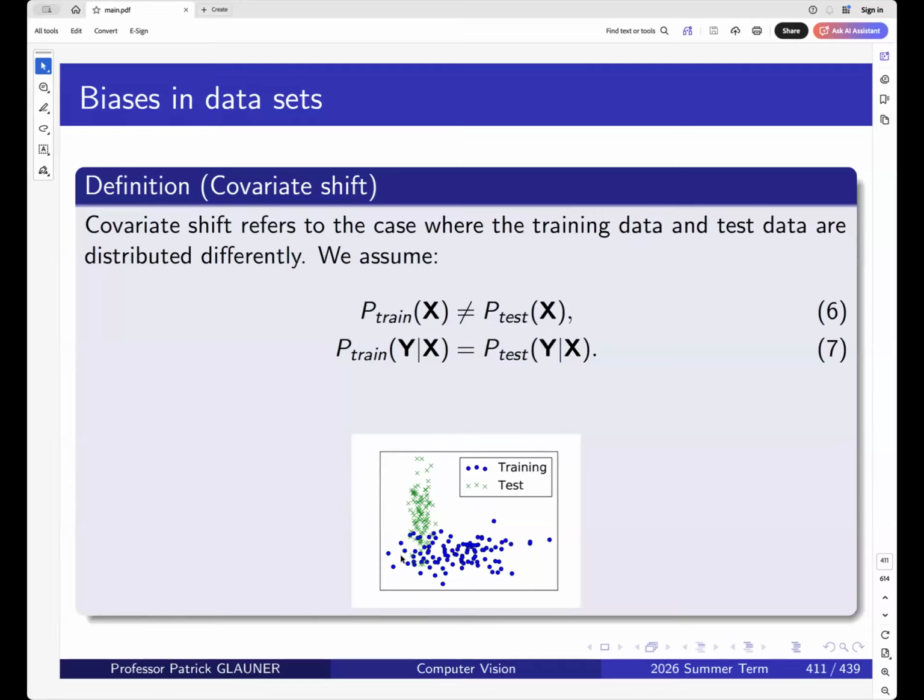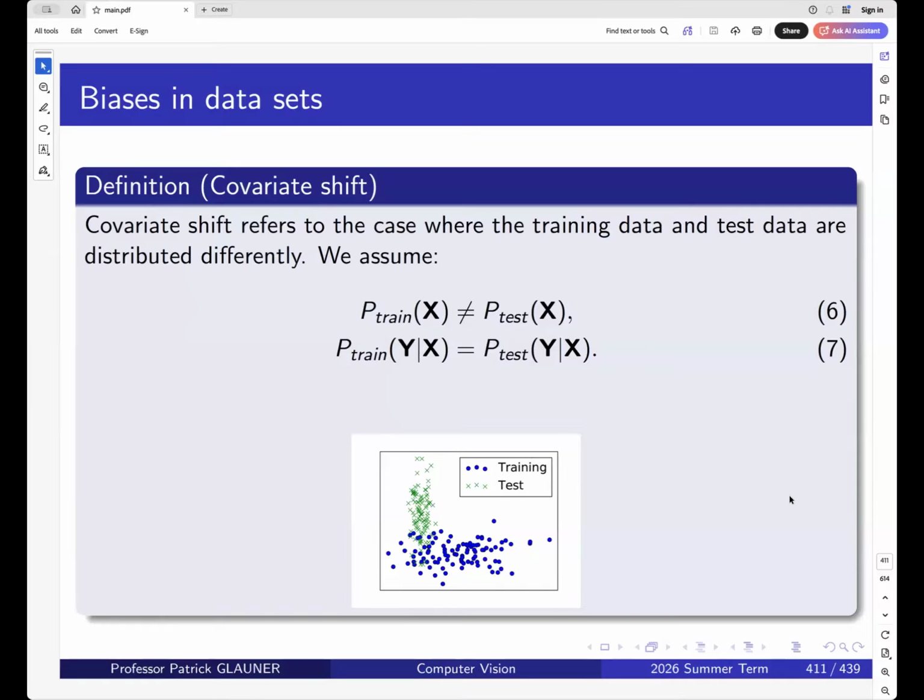This is what a covariate shift could look like. So the data is spread out totally differently in the training than in the test. Obviously, that's a simplified example because I just have two features, and this has nothing to do with the labels, by the way. It's only about the X, and we would see the data is spread out totally differently in the training than in the test data.